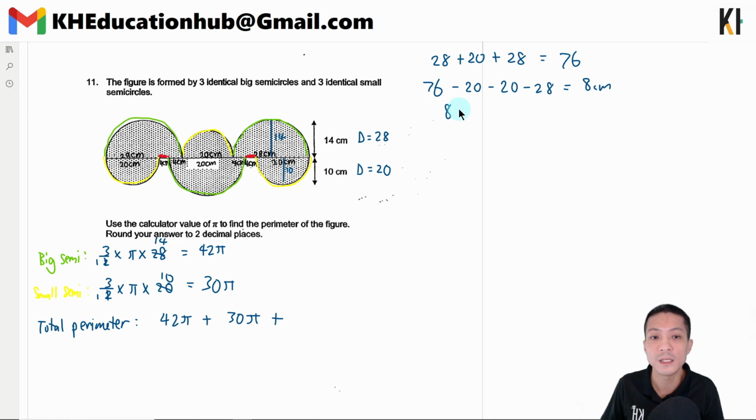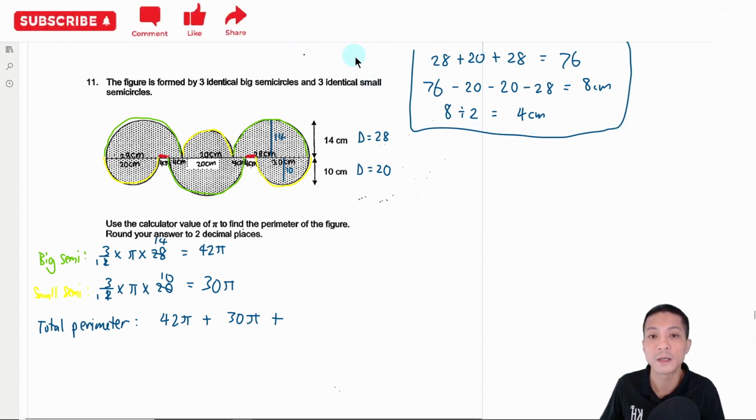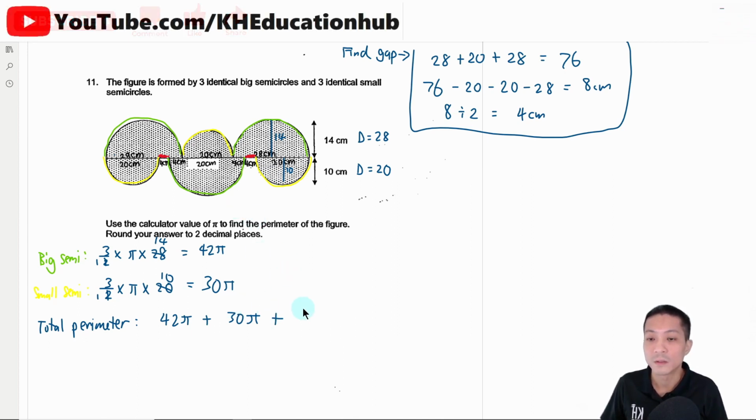Then after that you divide the 8 cm by 2. That's how you get the 4 cm. So this part here is to find the gap. So I need to add a 4 and add a 4.